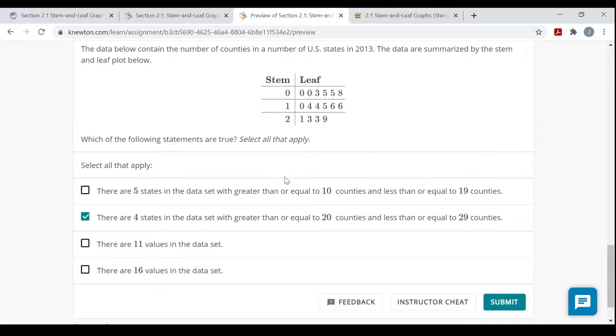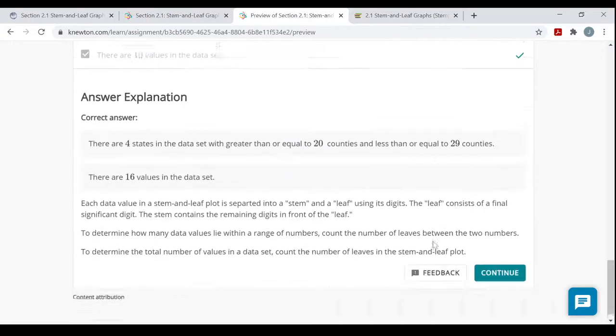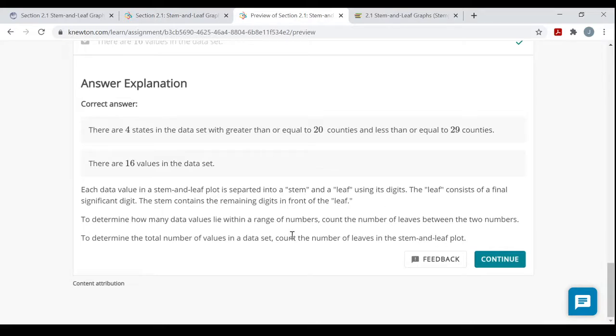That's 16, not 11, which makes this last statement true. There are 16 values in the data set. Hopefully you saw on my paper how I made the data set from this. Basically the number of leaves is the number of values you're going to have in your data set. Okay, so good, I got that one. Read the explanation and all that, please.